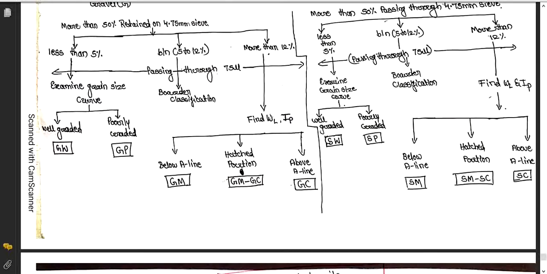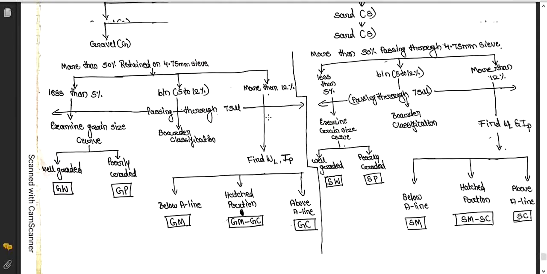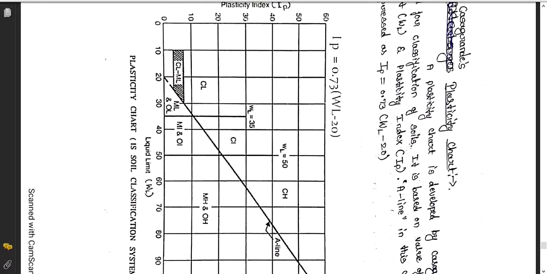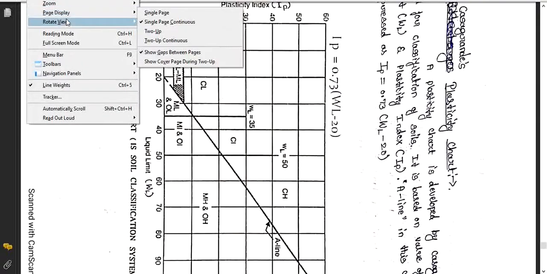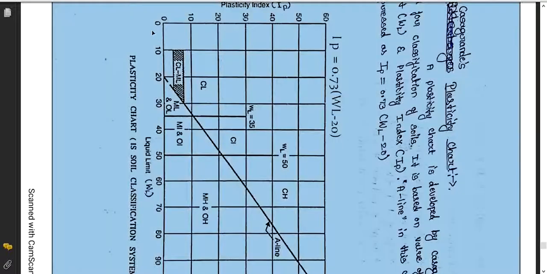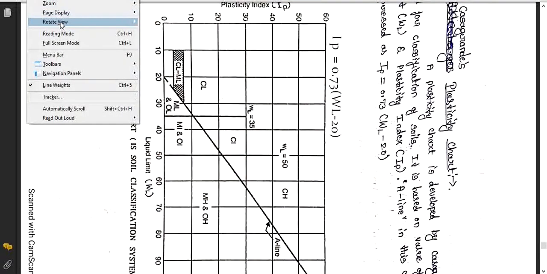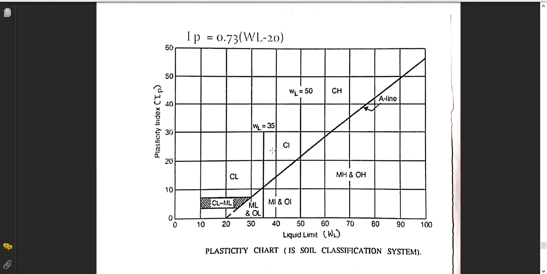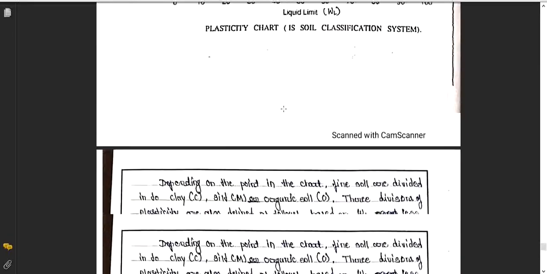We are going to observe the plasticity chart. So this is a plasticity chart which we are going to observe. Either it is falling above A line or below A line, and liquid limit is less than 35, or in between 35 to 50, or more than 50.